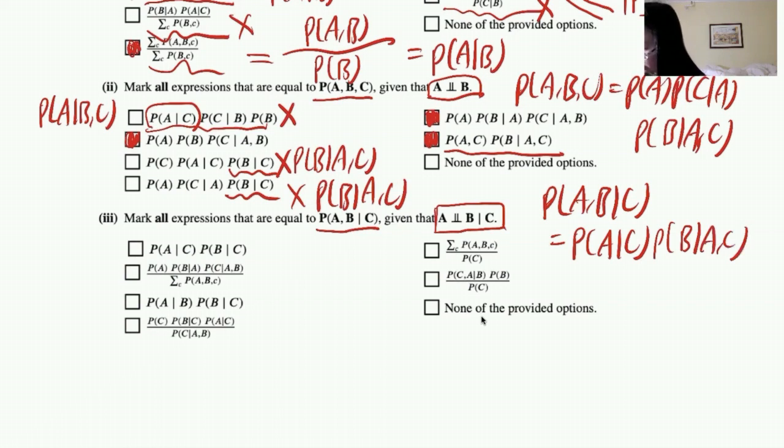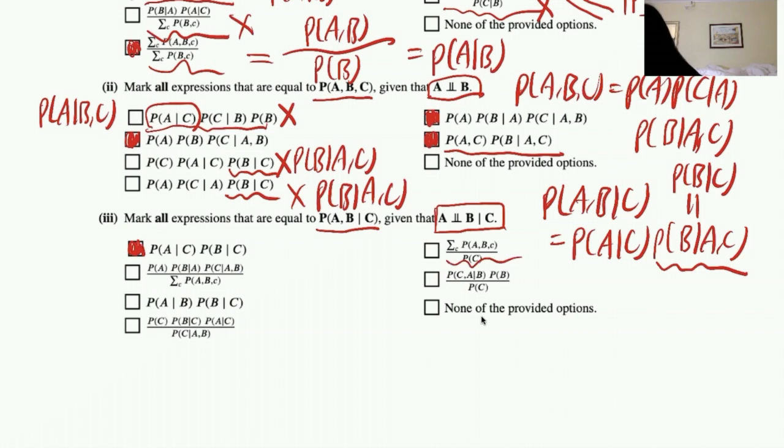This is according to the chain rule. But because A is independent of B given C, the probability of B given AC is equal to the probability of B given C. Therefore, the first choice is correct.